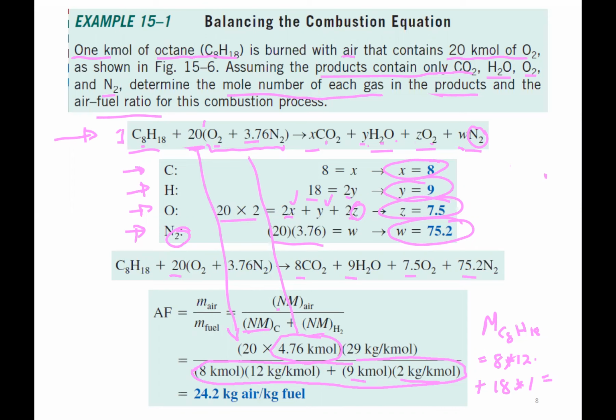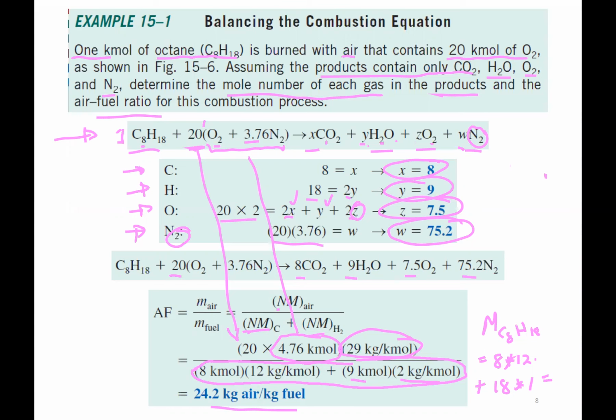Okay, and then you have the molecular weight of that air, because air is an oxygen and nitrogen combination. So that's the most common mistake, that numerator right there. Understanding that, not leaving out everything. Okay, so we solve and we get 24.2 kilograms of air per kilogram of fuel. So that's our air to fuel ratio.